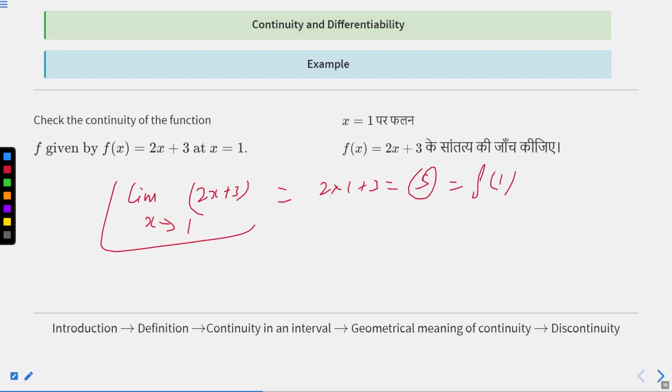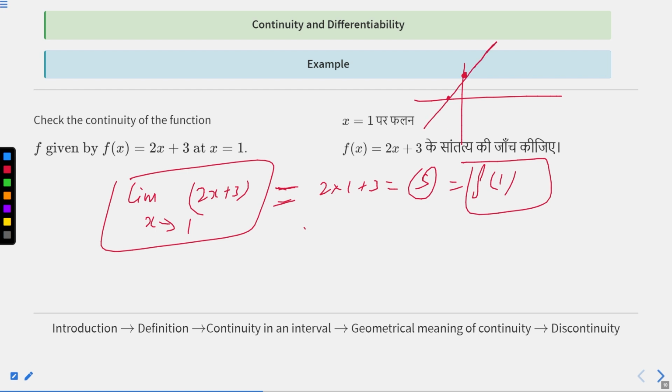So your limit and your actual value are equal to each other. This means it is a continuous function. By graph you can also look at it like this: when x is 0, y is 3, and when y is 0, x is minus 3 by 2. So your graph will be like this, I think. Okay, clear?